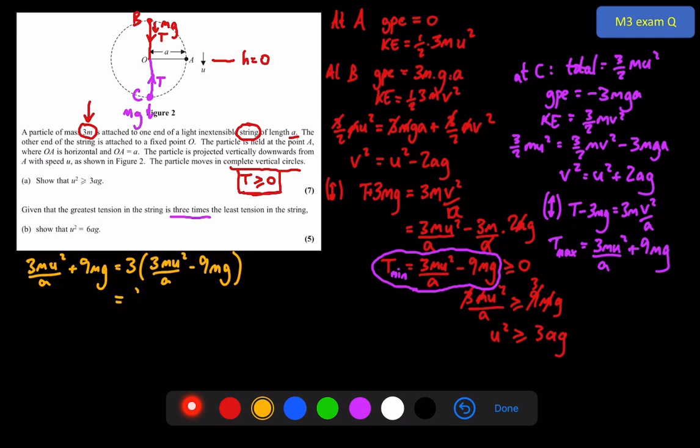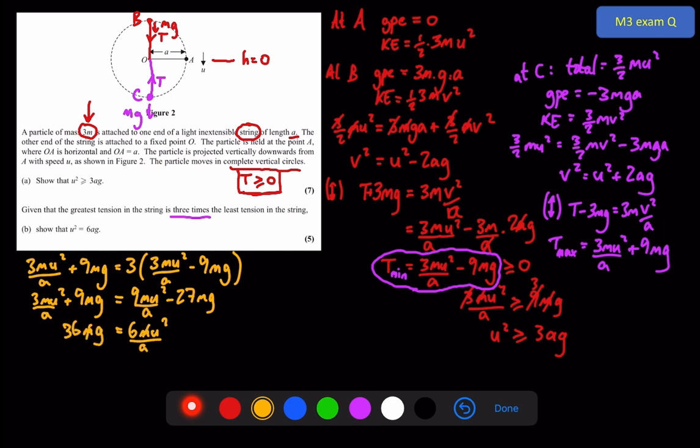Expanding this out, we get 9mu squared over a minus 27mg, and 3mu squared over a plus 9mg over here still. Rearranging, that will give me 6mu squared over a and 36mg.